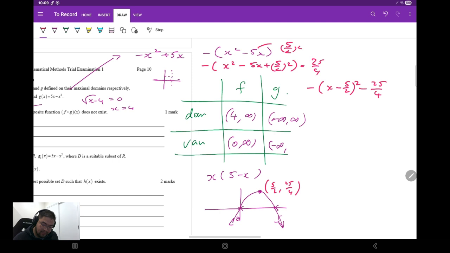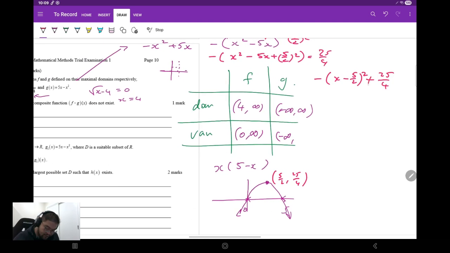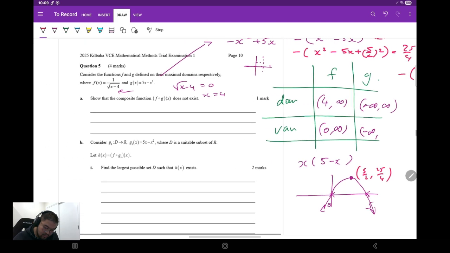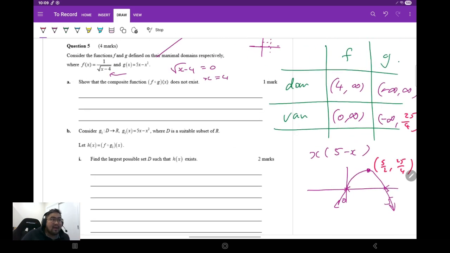So from this point, the range is up to 25 on 4, and it's inclusive because it's a turning point that is defined at that point. Now we look at when fog does not exist. The condition is that fog does not exist if the range of g is not a subset of the domain of f.